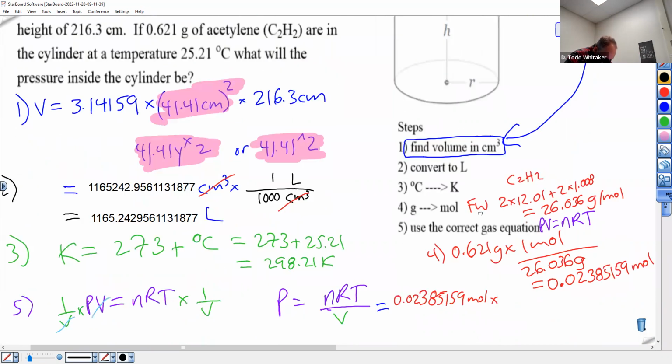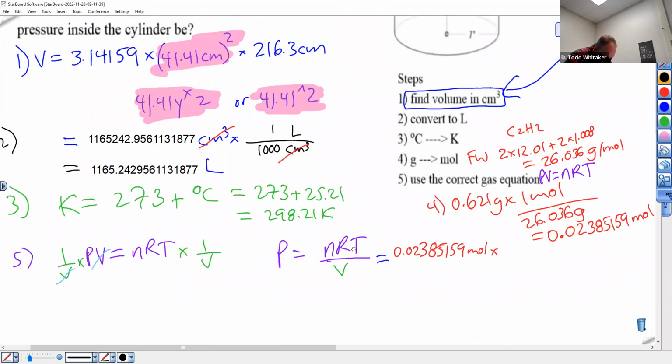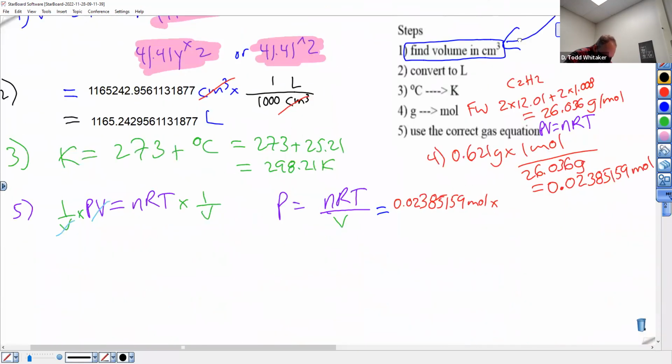And we've got our n, and I'm going to copy that: 0.0821 liter atmosphere mole Kelvin.